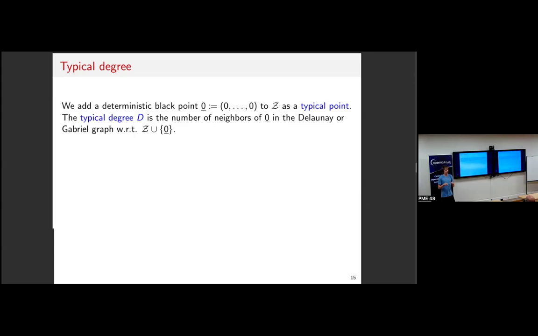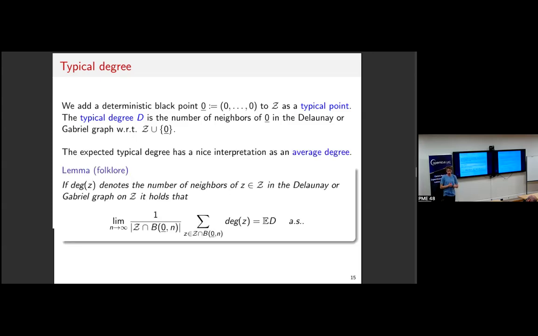And then the number of neighbors of this typical point is called the typical degree. And now the expected typical degree has exactly the property that you already predicted. It has the property to act as some sort of average degree.